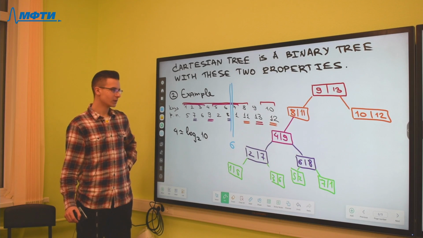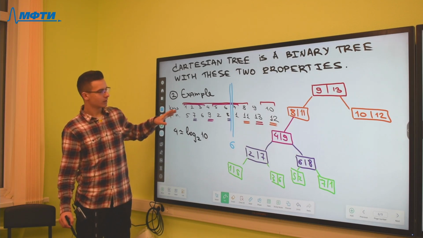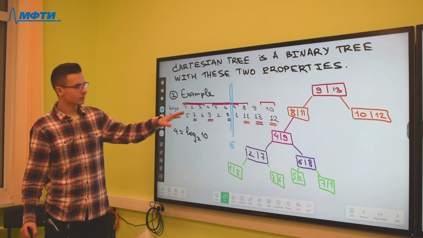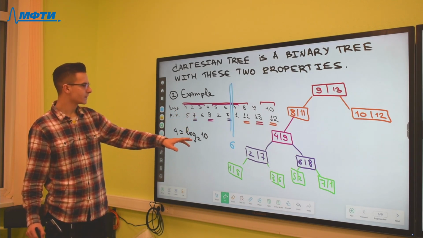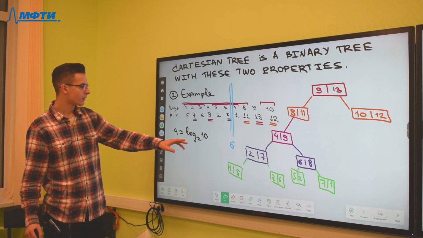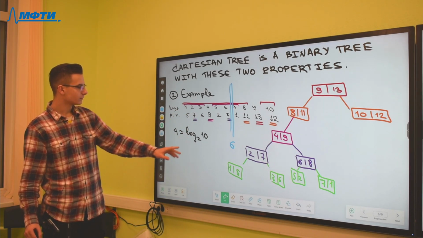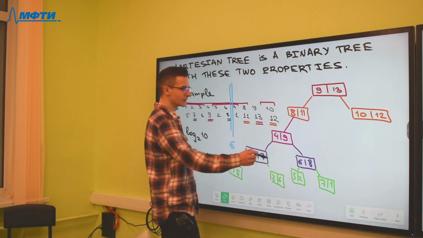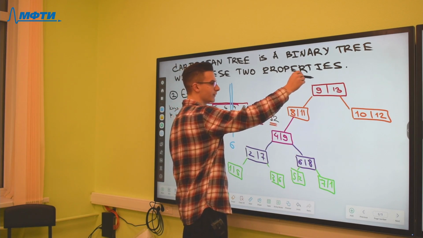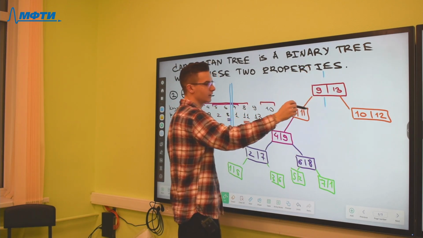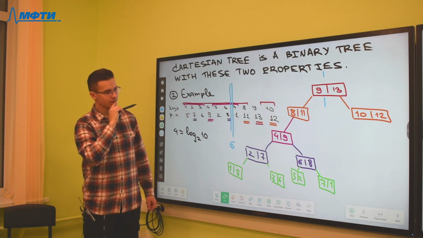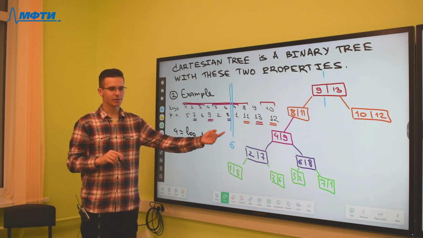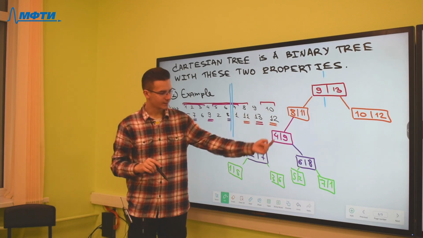So of course, if we take a look at this tree, we see that there is a place where 6 is in it. And for example, if we try to divide it here, we see that all the numbers smaller than 6 are in the left subtree.